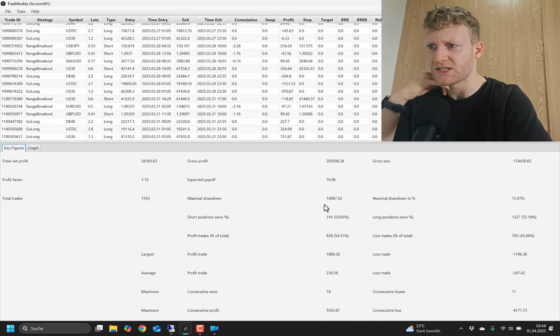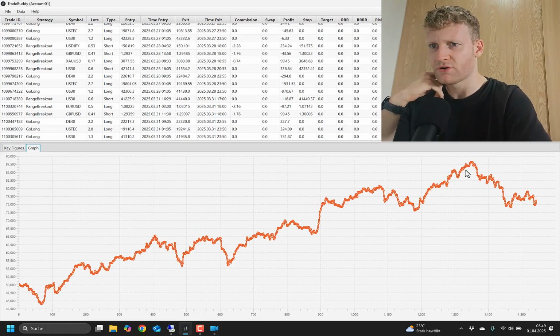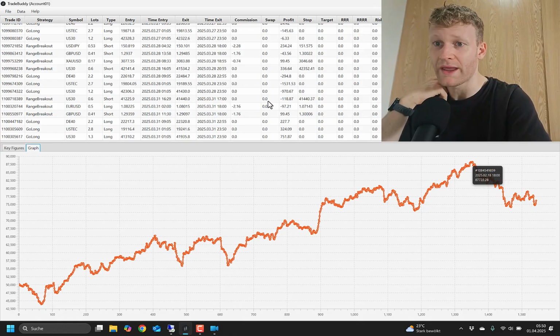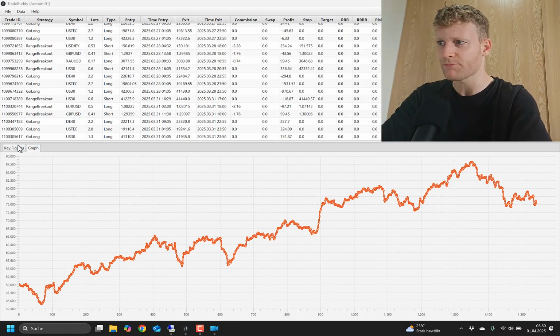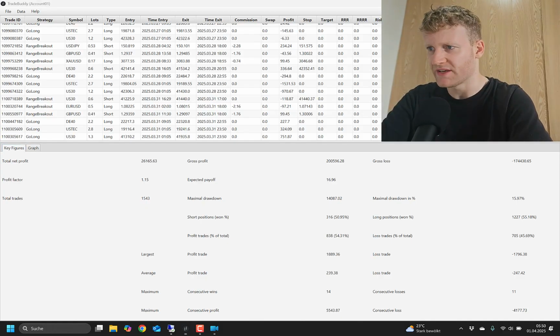The maximum drawdown was 14,000, and in percent, I don't know if the calculation here is correct, because it says 15%. Oh yeah, I think because the equity was a lot higher at this point. Yeah, I think it should be correct. So right now we are still in the biggest drawdown that this account has ever seen. And that's how it is.